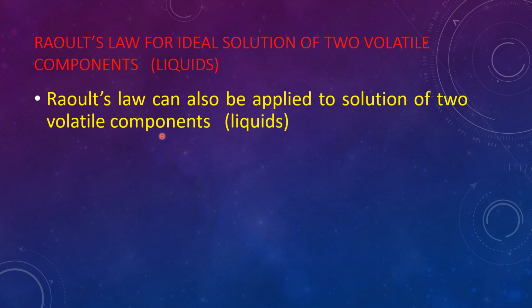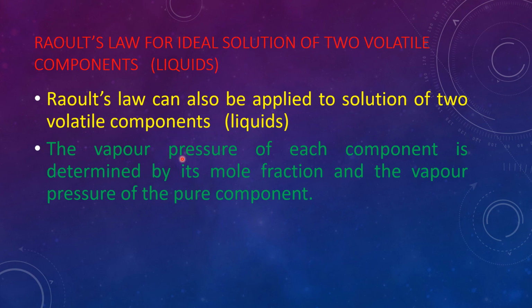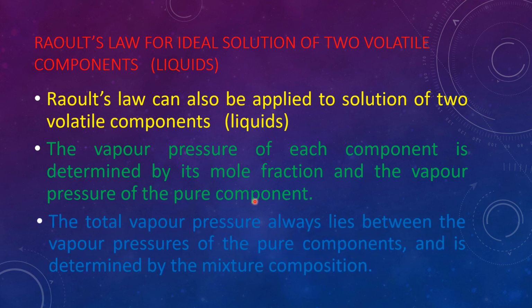But if the solutes are volatile, Raoult's law can also be applied there. The vapor pressure of each component is determined by its mole fraction and the vapor pressure of the pure component.